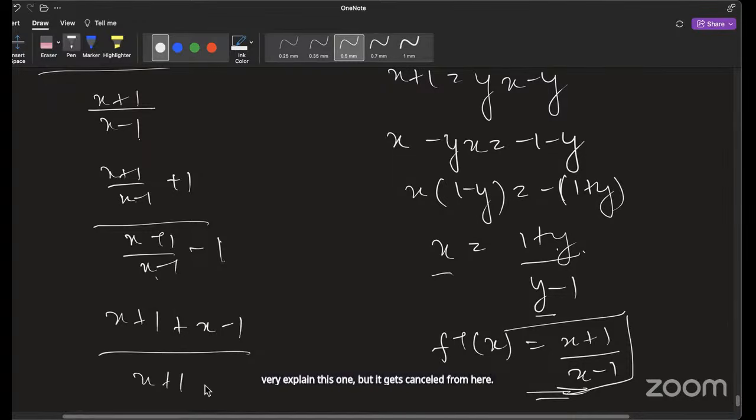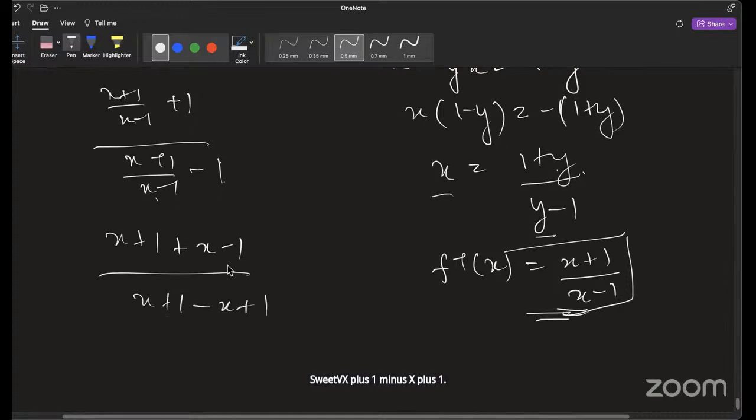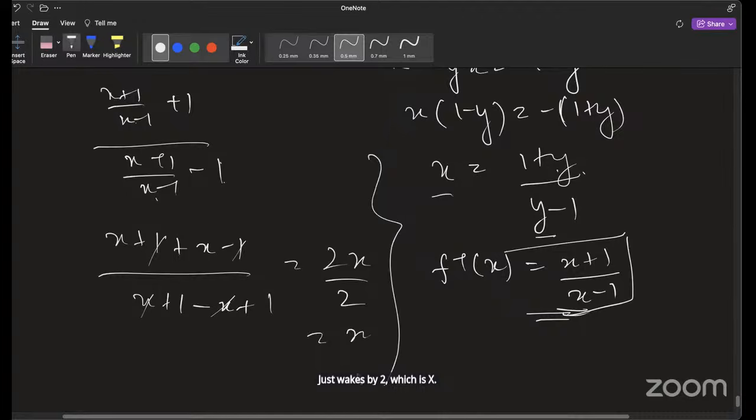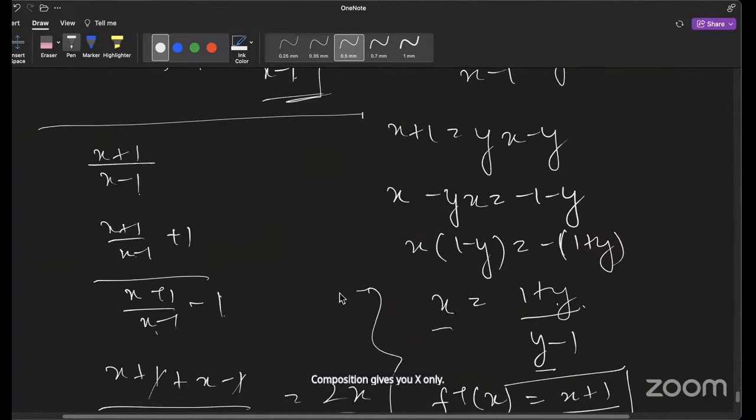So it will be x plus 1 plus x minus 1 in the numerator, and x plus 1 minus x plus 1 in the denominator. This is 2x by 2, which is x. Composition gives you x only.